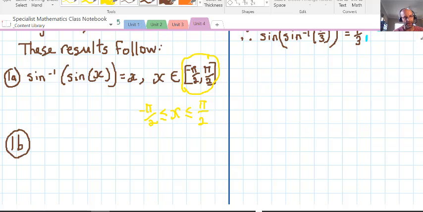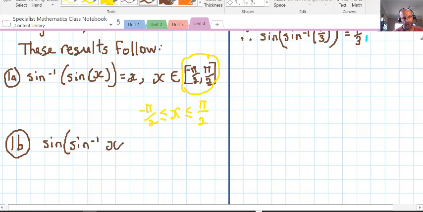So if I call the first result 1a, this would be 1b, so this is sine of inverse sine of some argument x indeed equals x, provided x is an element of the set negative 1 to 1.